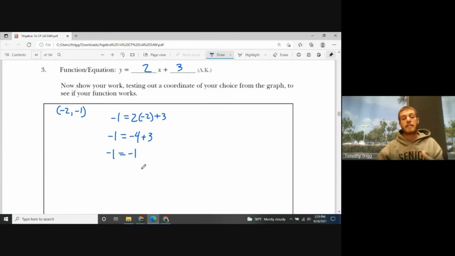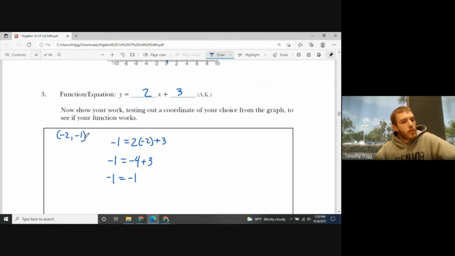Now, if you end up getting something that's not equal, like -1 equals 5 or something like that, then you either messed up the equation or you messed up plugging it in. So what I would always check first is make sure that you plugged it in correctly.